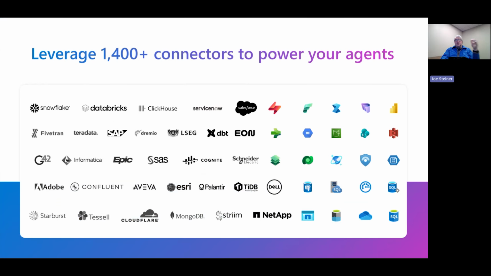Again, to the connectors point, there are over 1,400 connectors that can be used to power agents. Now, these may be connectors, some may be MCP servers, which we'll talk a little further about in a moment, but you can reach out to a whole host of cloud solutions and on-premise solutions there too. For any of you that have been around for a while, this same connector really began with the SharePoint search connectors way back when, kind of evolved into some of the connectors that you had with the Power Platform, and being able to tie in there with some actions, but also to draw data from there.